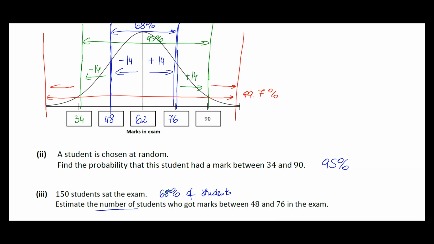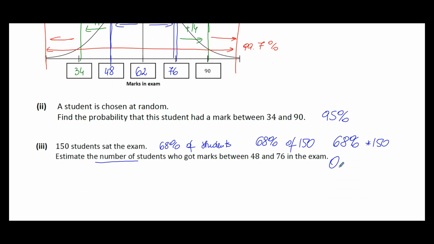So I'm looking for 68% of 150. When we are looking for a percentage of a number, what do we do? We multiply. So 68% multiplied by 150, or we can put it in the calculator, change that to a decimal, 0.68 multiplied by 150, and we're going to get 102.